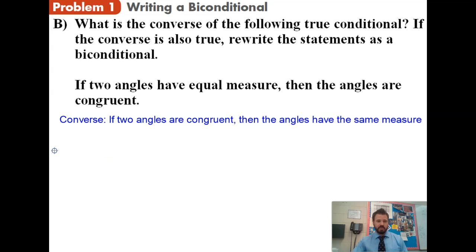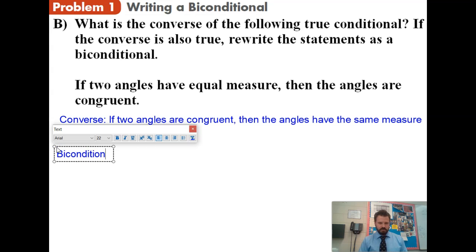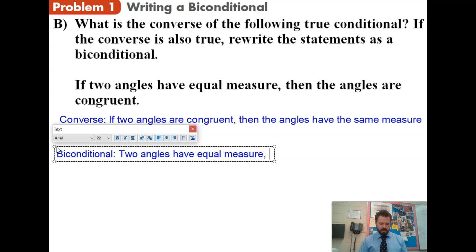So I can write the biconditional, which takes either one of these two statements and puts the if and only if in it. I say either one because they work in both directions, so it doesn't matter what order we write the biconditional. I could say that two angles have equal measure if and only if the angles are congruent.